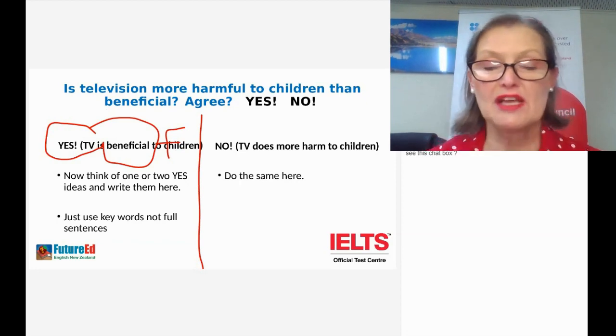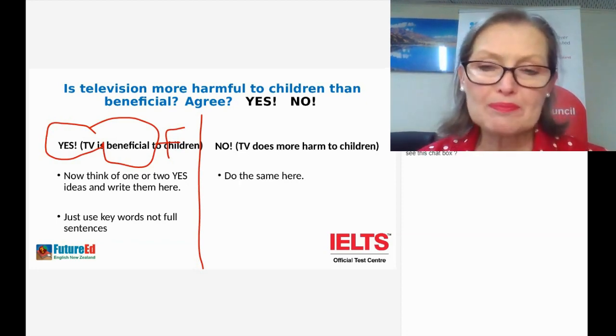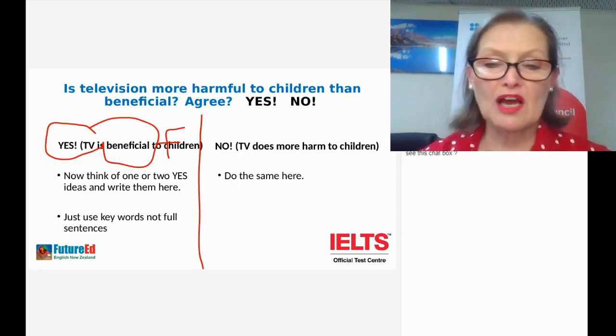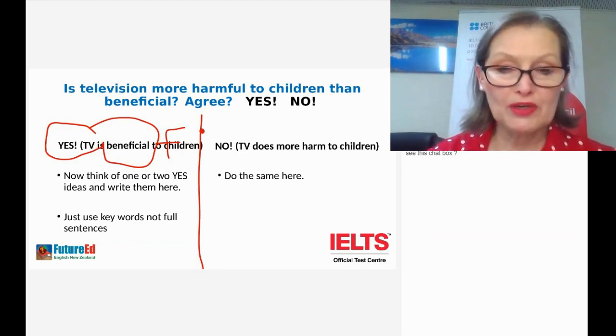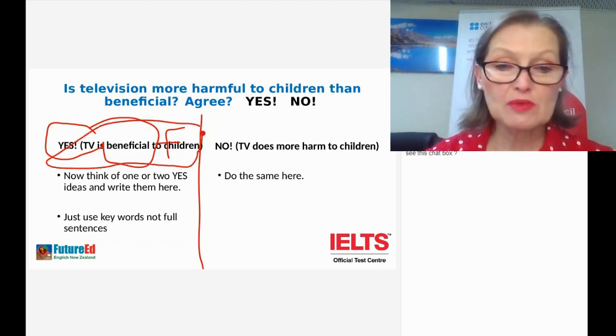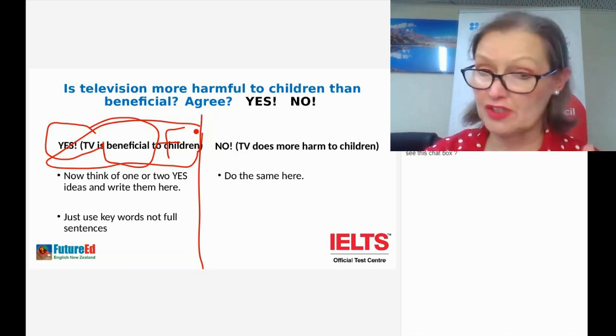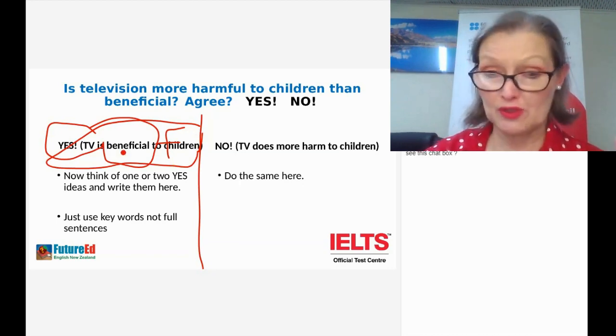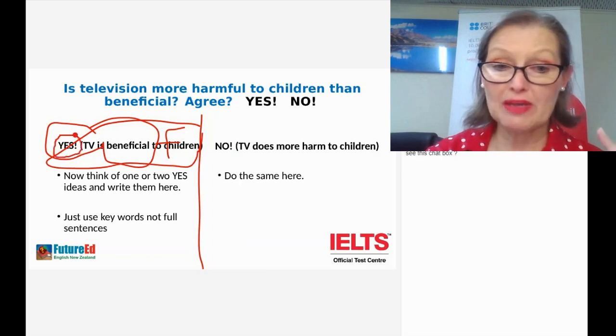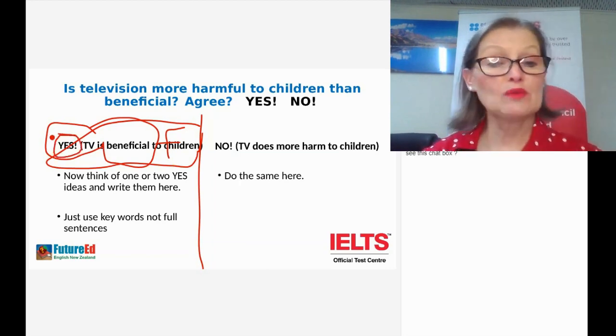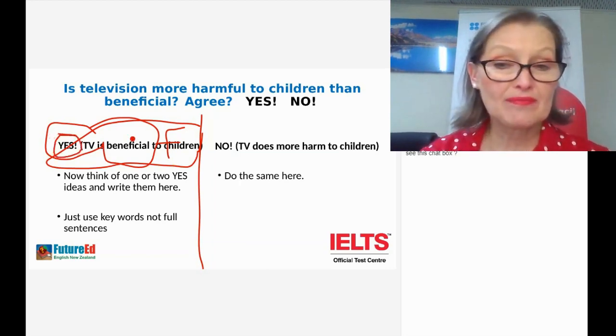And I suggest that you break your sentence down into these key components because that is what you're going to keep referring back to. And that's how you're going to stay on topic and on the focus of the topic, and how you're going to make sure that you're writing the right kind of essay.